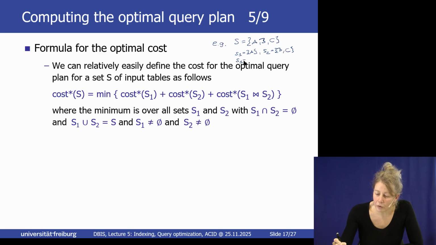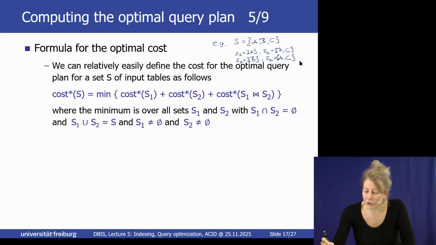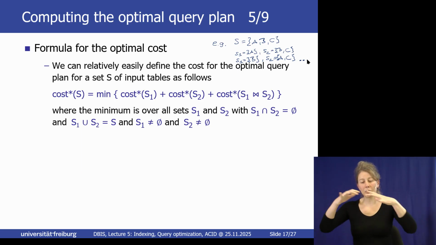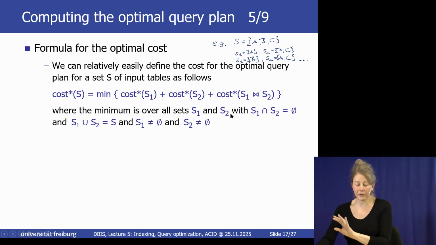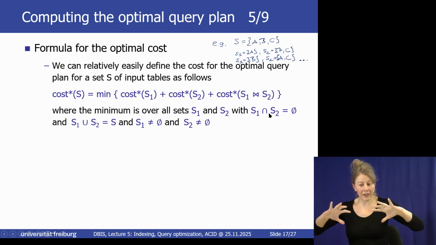Or I could do S1 is B, and S2 is A and C. Of course, the question is, can I join this, and so on. So there are many possibilities to split this up in 2 sets, which I then join. And I just look at all of them. This is a lot of symbols, but it's actually easy. I look at all ways to split up S, for which I want the best query plan, such that they don't intersect.